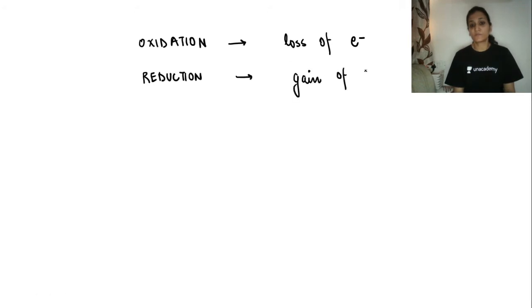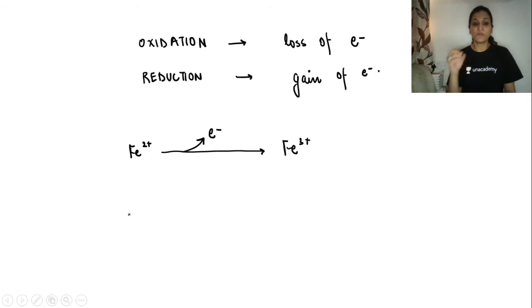Now, as I told you, we need to know what is oxidation. Oxidation is loss of electrons. Reduction is gain of electrons. The 2 positive form of iron, the ferrous form, is converted into the 3 positive ferric form by removal of 1 electron, and if removal of 1 electron is occurring, that means that iron is oxidized.